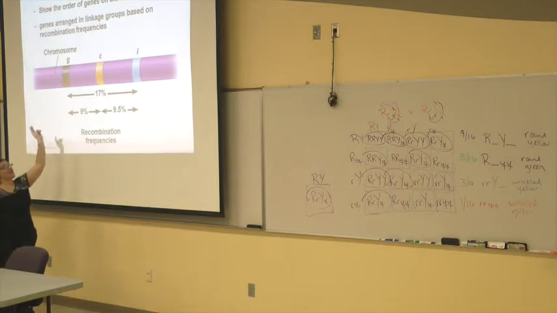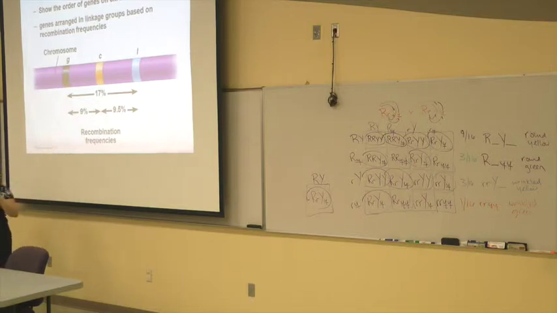Basically, if they are farther apart on the chromosome, they have less of a chance of being inherited together, and the greater the recombination frequency, such as 17%, the higher the chance of being separated by crossing over. Okay?